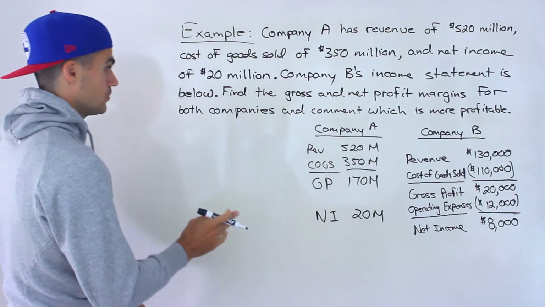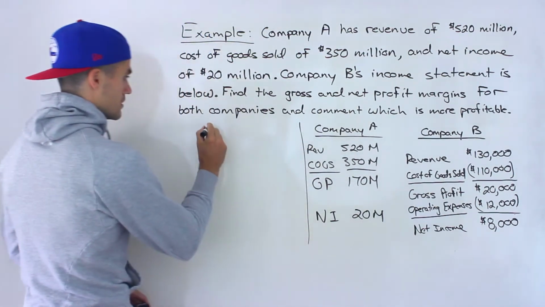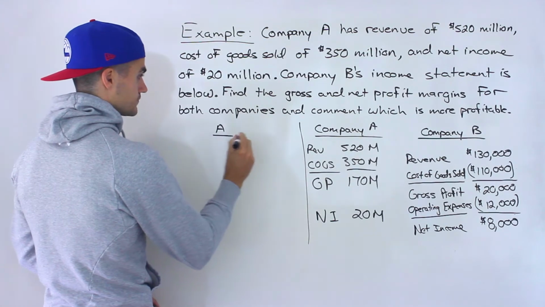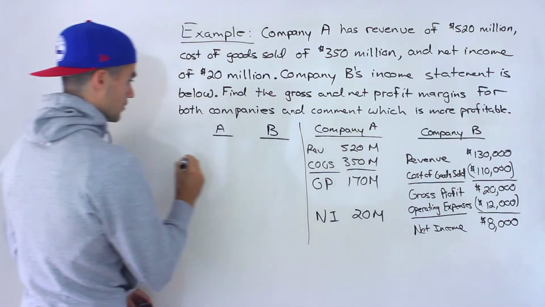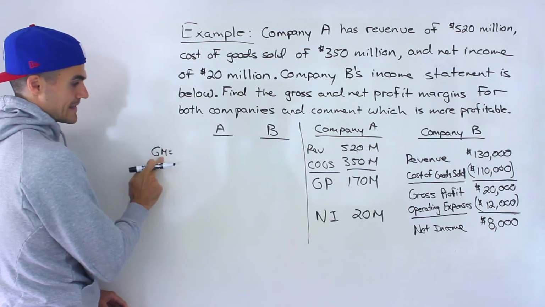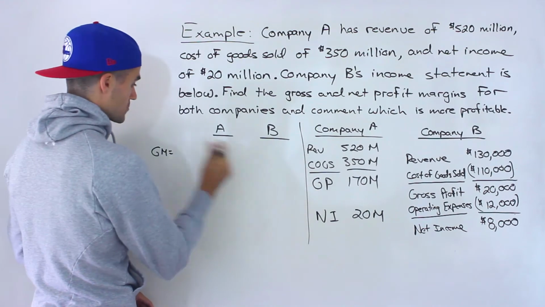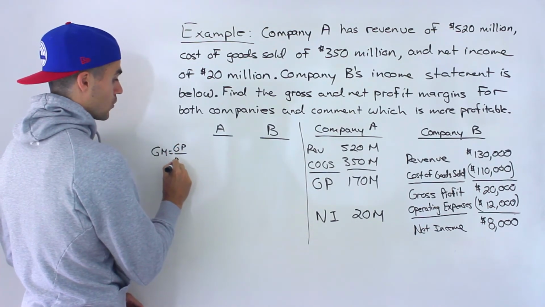And so now we can find both the gross margin and the net profit margin for both companies. So starting with the gross margin, what's that equal to? Well, that's equal to gross profit over the revenue or the sales.